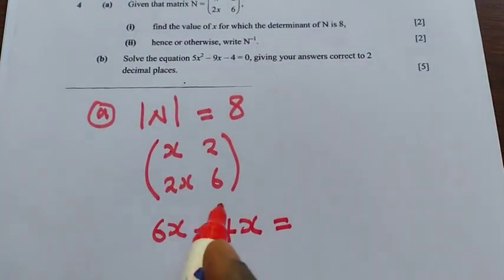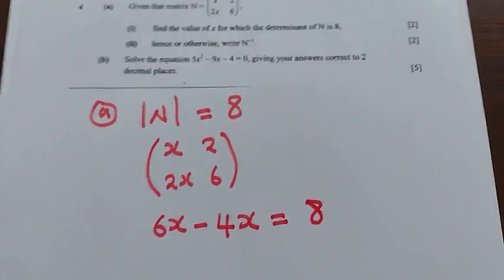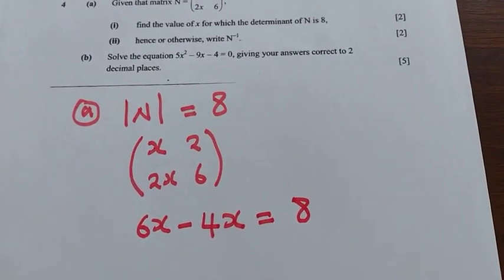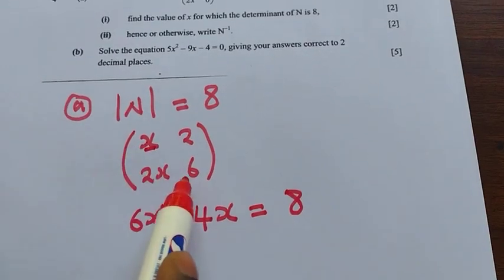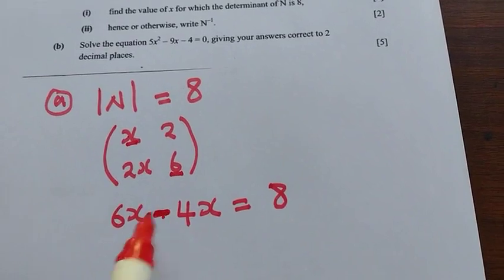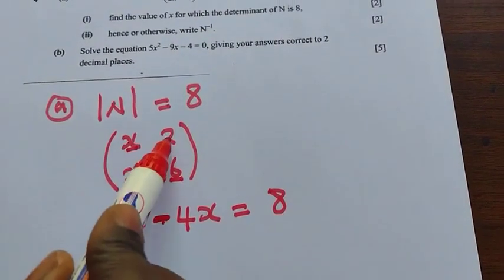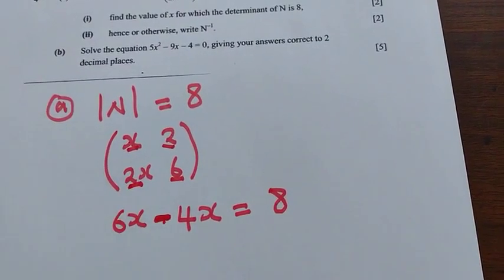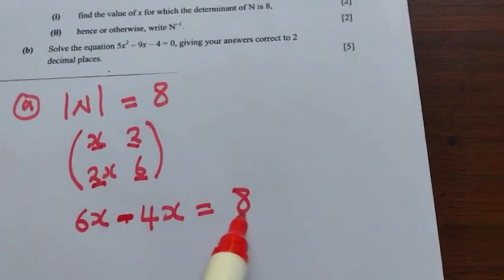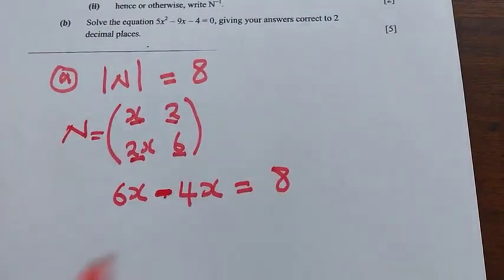Equal to, they are saying the determinant of this matrix is 8. So you multiply the major elements, x times 6, you get 6x, minus this part of the formula, then you multiply the trailing diagonal elements, 2 and 2x, you get 4x. Equal to 8, because they have told you that the determinant of matrix N is 8.